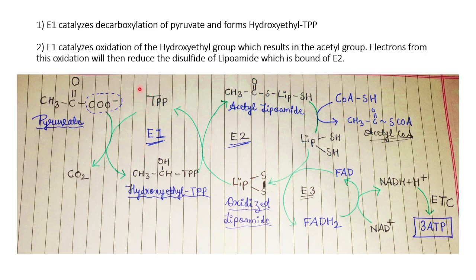Enzyme 1 has TPP as a cofactor. This TPP will combine with whatever is left after the removal of CO2 and it will form hydroxyethyl TPP. As the name suggests, hydroxy means it will have an OH group and the rest is the same as what is present over here.